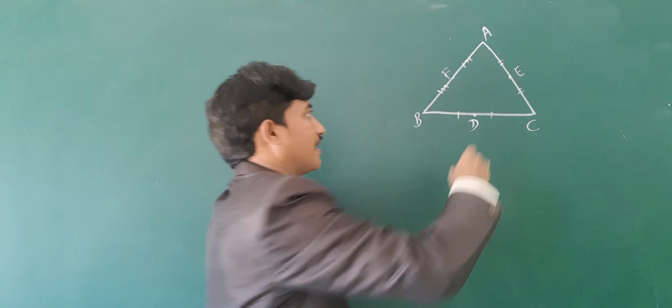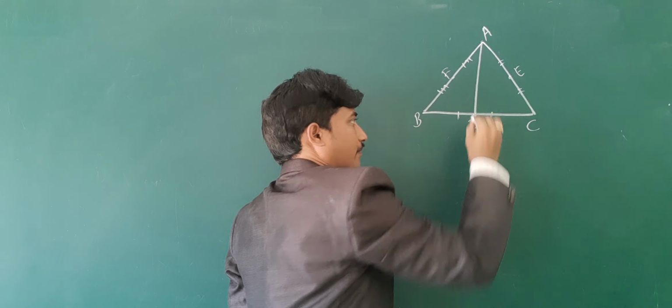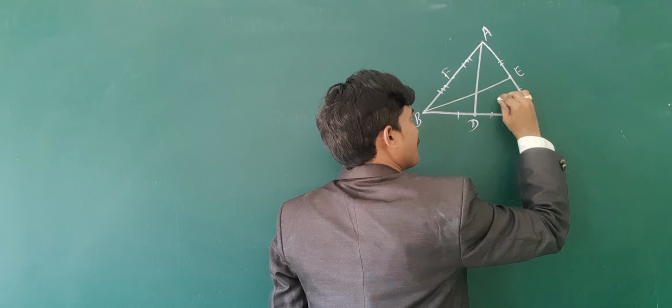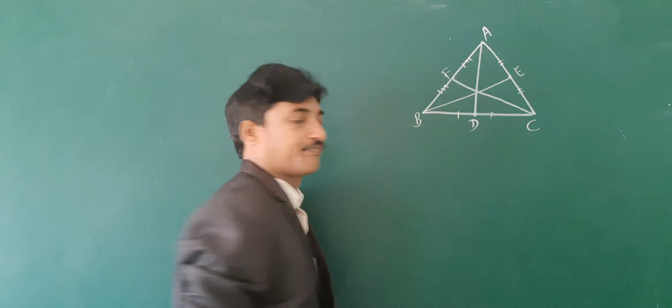AD is a median, BE is another median, and CF is the third median.